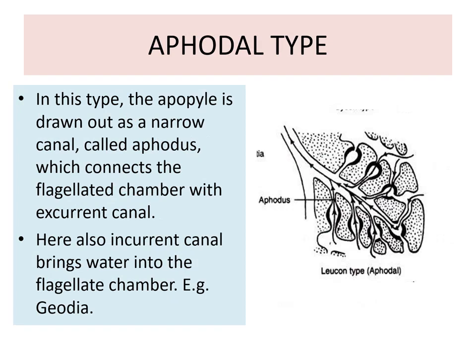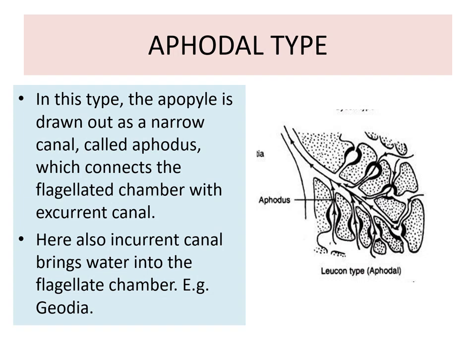In this type, the apopyle is drawn out as a narrow canal known as aphodus. It means the aperture is elongated to form a canal-like structure, the apopyle, which is known as aphodus, which connects the flagellated chamber to the excurrent canal.